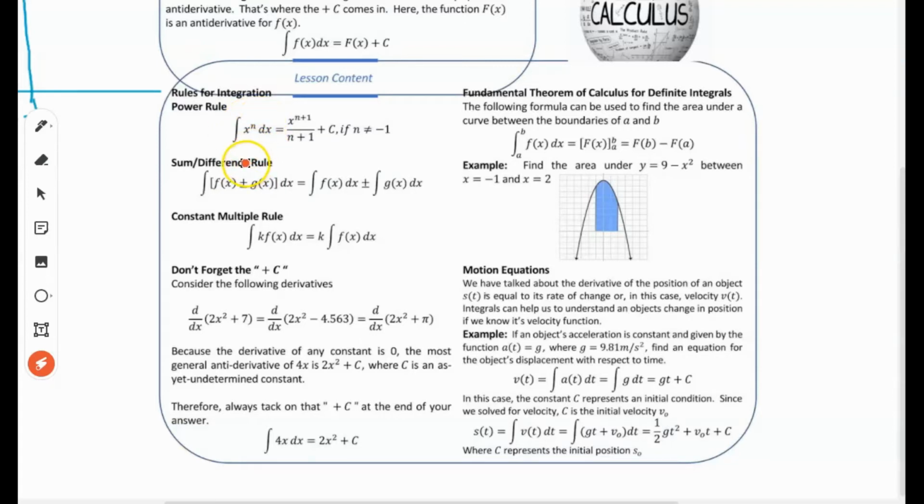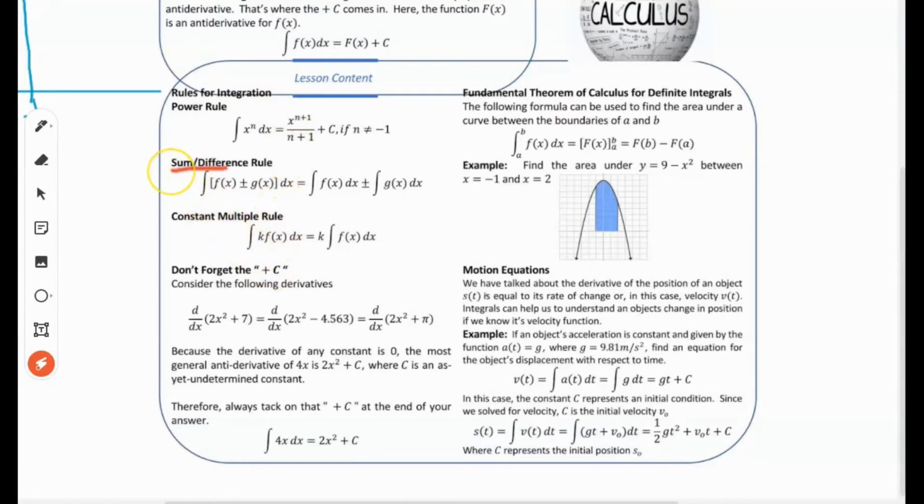For integration, we are going to do that in reverse order with opposite operations. So first we add 1 to the exponent, and then not multiply, but divide by that new value in the exponent. So that's the power rule.